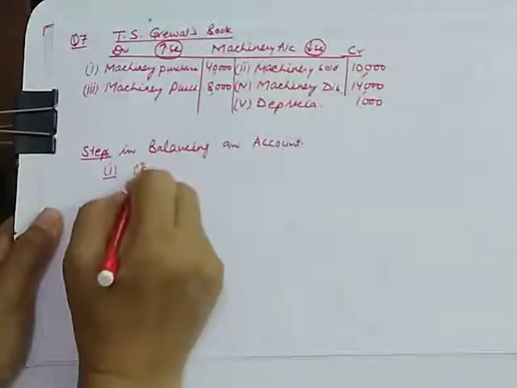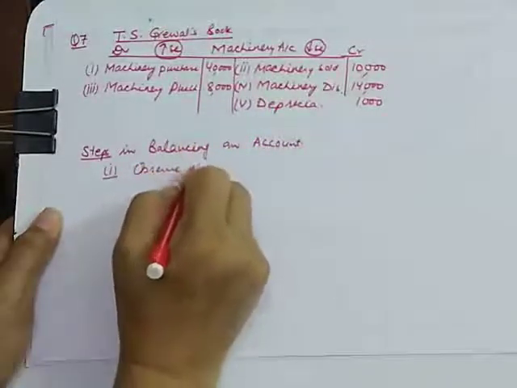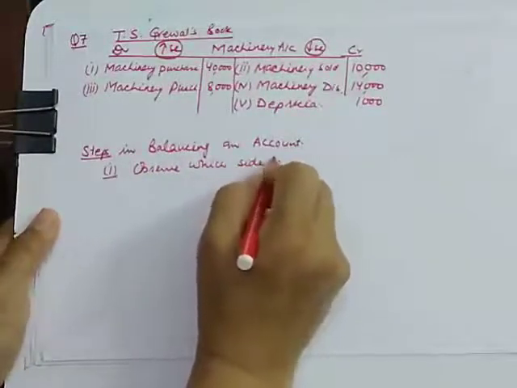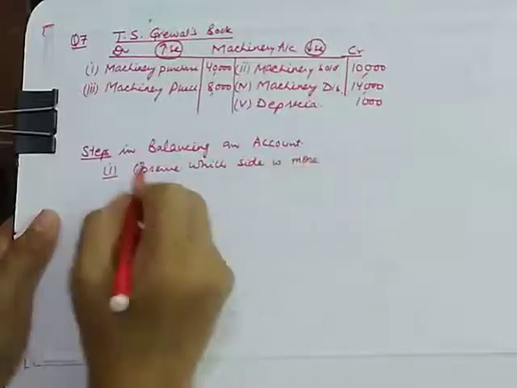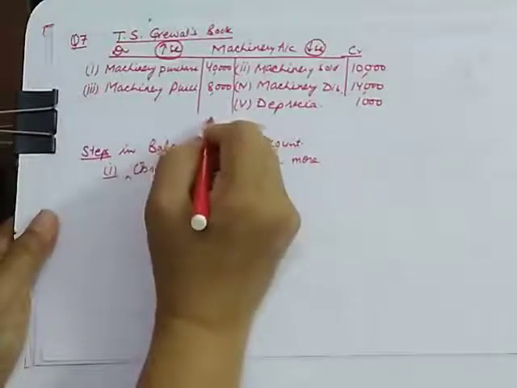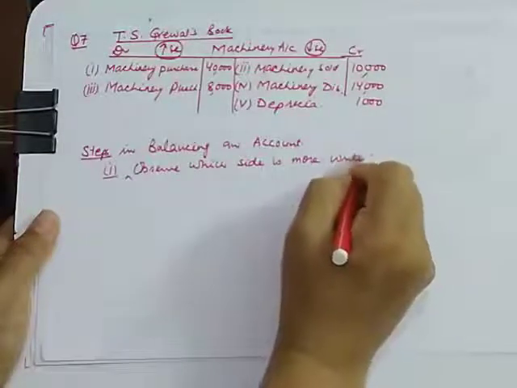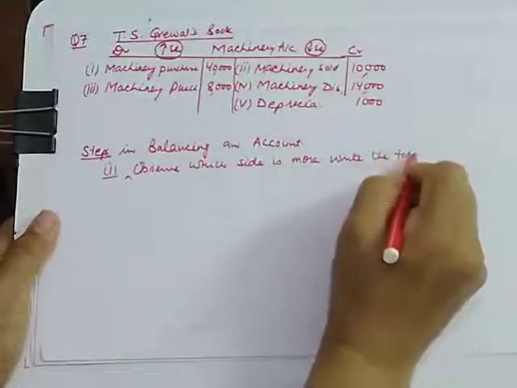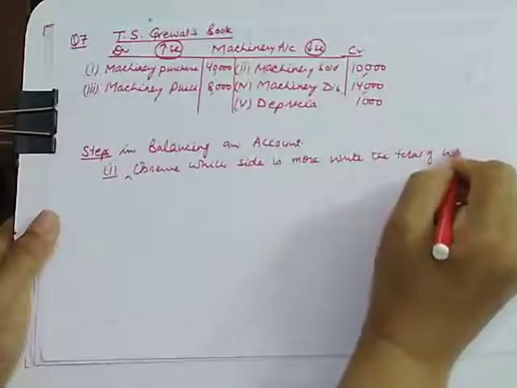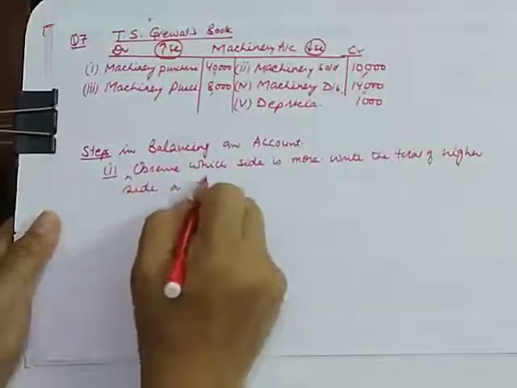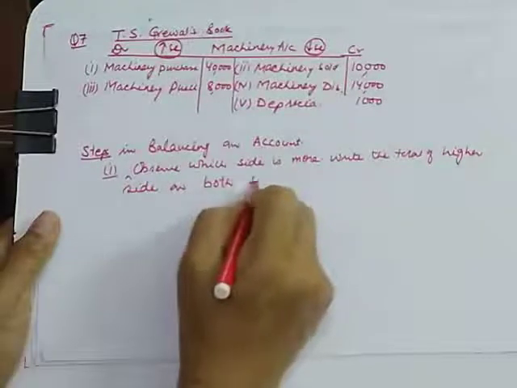So first observe which side is more, and write the total of the higher side on both sides.